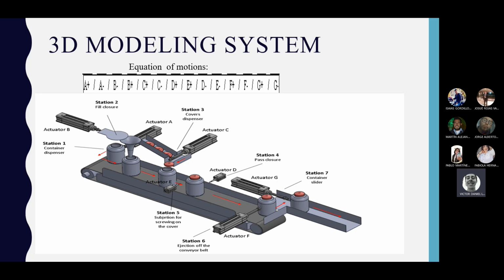At the end of this conveyor belt, we have this return to make this movement to the next step, where the actuator F makes this movement F plus and pushes it out, and then it goes to this place where the actuator G goes with G plus, and then it pushes the container out of the workstation, and then we can go to a deposit, so we can go to a market or every place where we're going to put the pills.